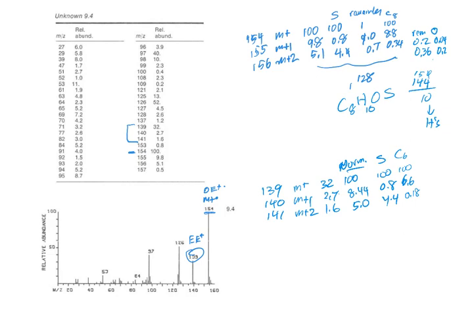Okay, and then what? Look at oxygens. Oxygens? That's not right. 6.6. So we'd have to do our subtractions here. So 8.44 minus 0.8 minus 6.6.